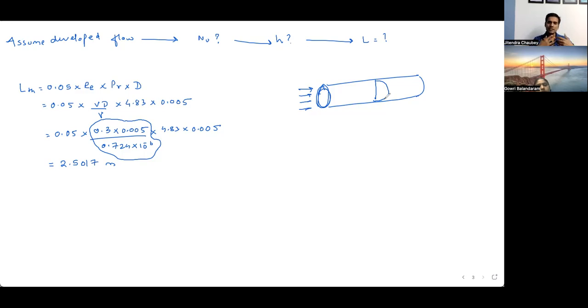Thermal exchange takes place when the particles are moving in a uniform manner, because if the particle is changing its velocity, the thermal profile will not be stable. So it is very important that the hydrodynamic length should be less than the thermal length.